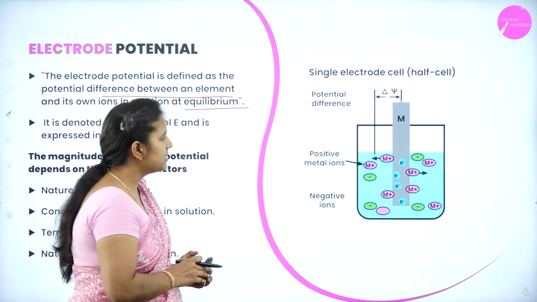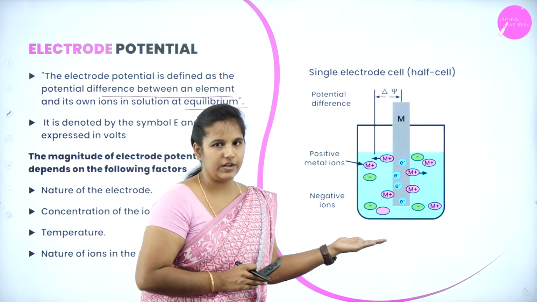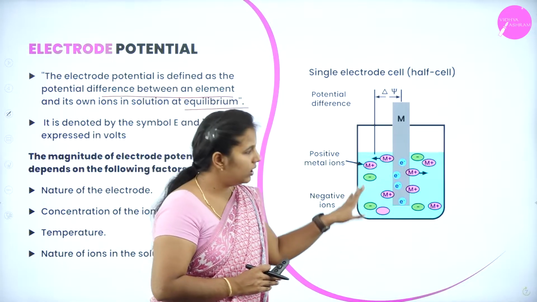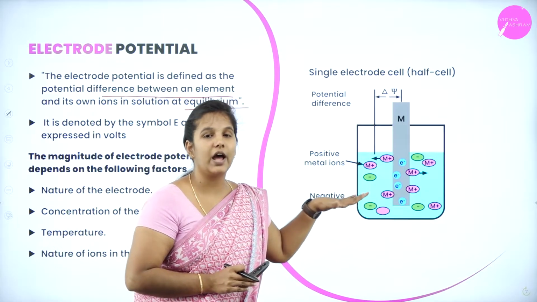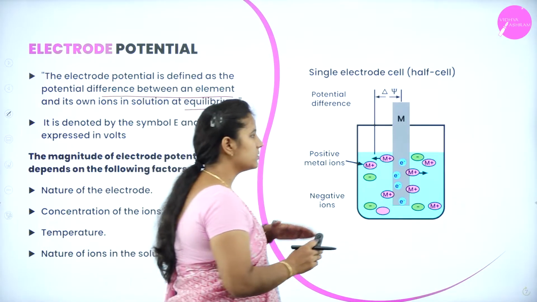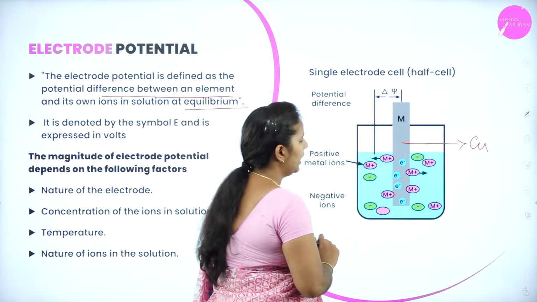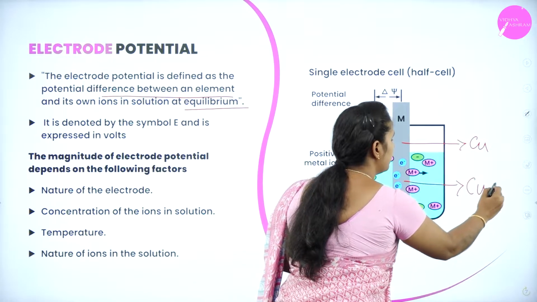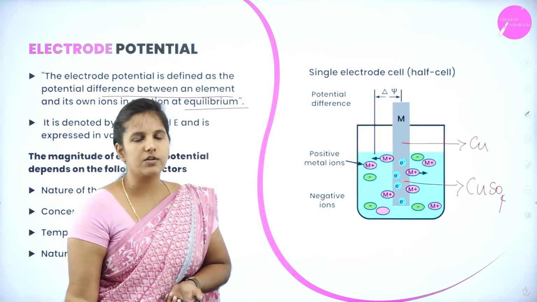To explain this, I have considered only a half cell, with the electrode dipped in a solution of the same metal ion. You can imagine this electrode as copper placed in a copper sulfate solution.